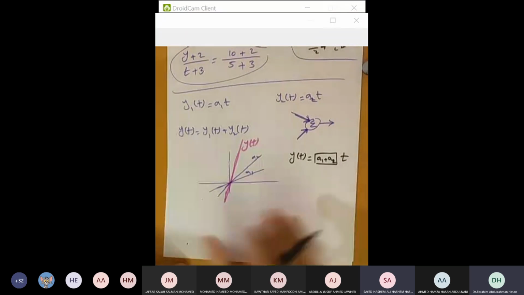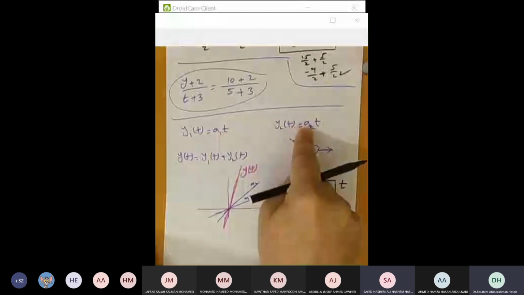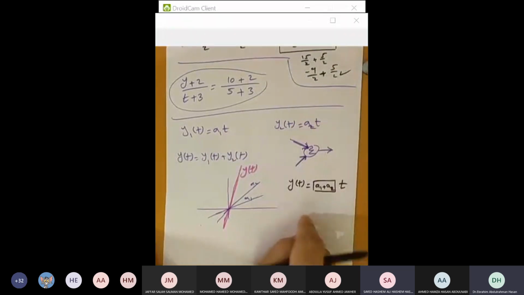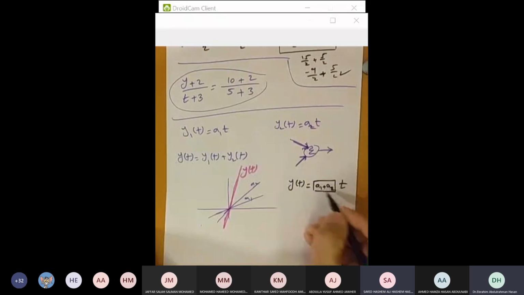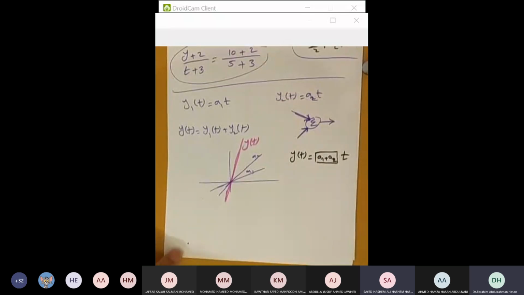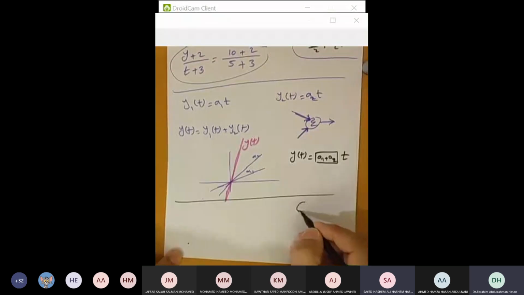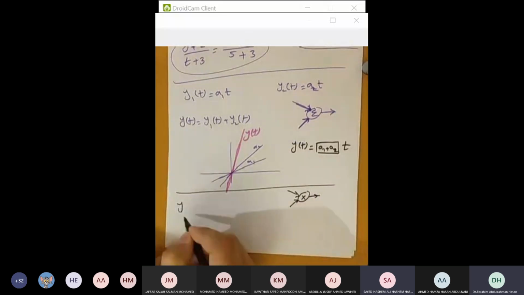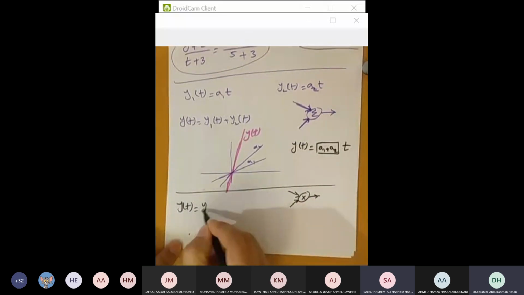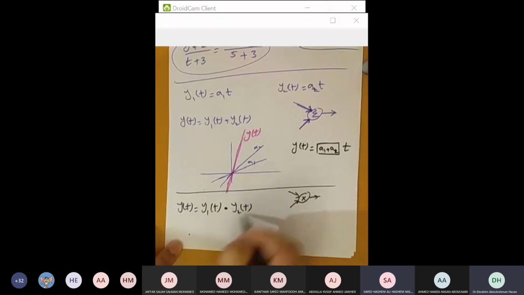Is it clear? If you add these two, then you will get a1t plus a2t. If you take t common, then you will get (a1 plus a2) multiplied by t. Okay, what about if I multiply them? So I multiply signal 1 and signal 2, so y of t equals y1t multiplied by y2t.